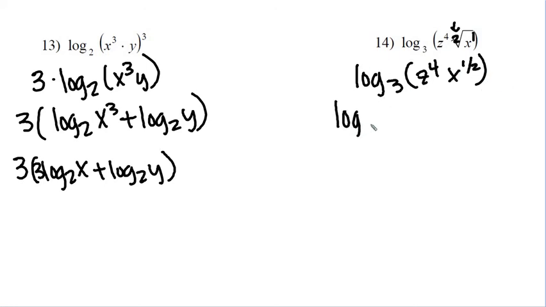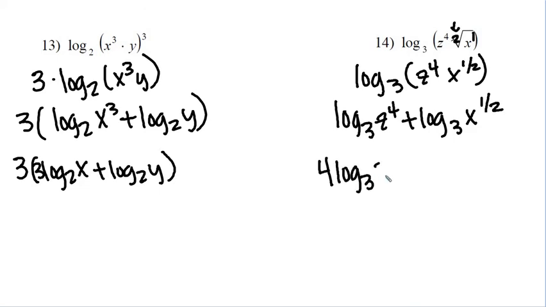So I'm going to do log base 3 of z to the 4th plus log base 3 of x to the 1/2. Now, I don't have a product or a quotient, but I do have a power. So I'm going to do 4 log base 3 of z plus 1/2 log base 3 of x.